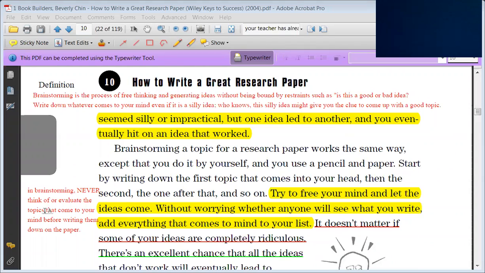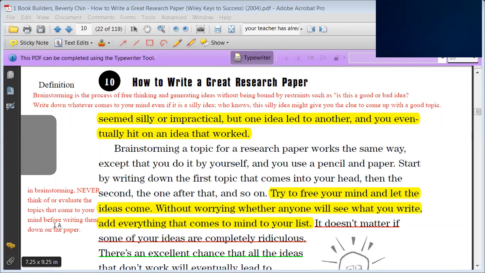As you can see the note here, in brainstorming, never look at the capital letters of the word never. Never think of or evaluate the topics that come to your mind before writing them down on the paper. So write them on the paper, in the list, and then later you can think about them. You can evaluate them.